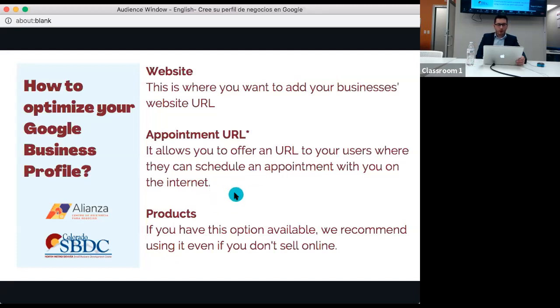Okay, let's talk about products. The products, what I can tell you is, if you have this option available, because it's not for every business, we recommend using it even if you don't sell online, okay? Even if you don't sell online, try to put some products.